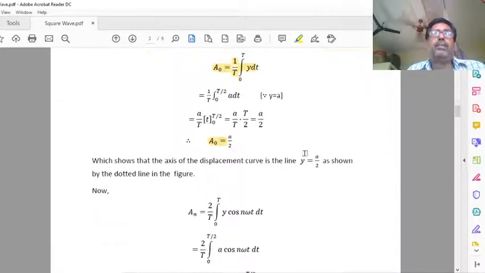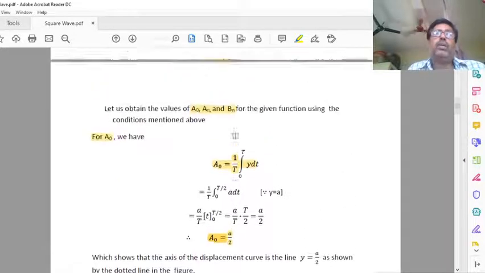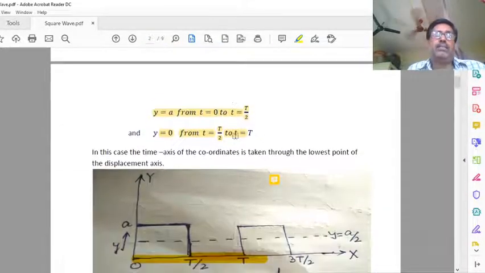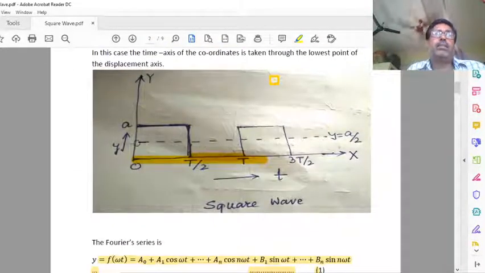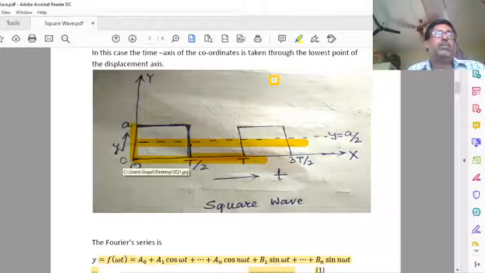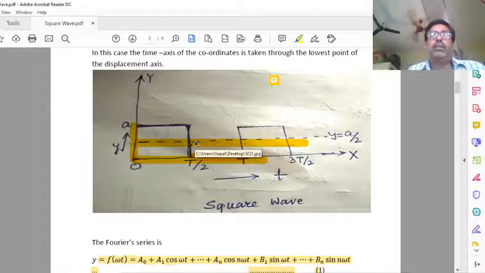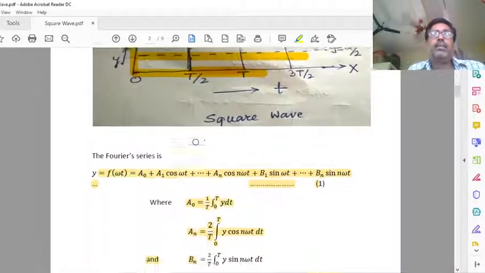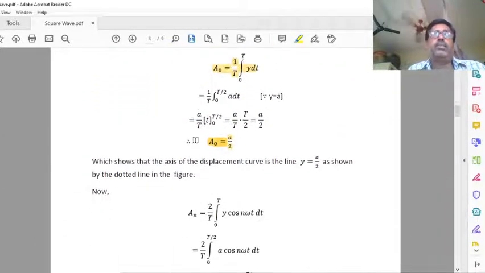Mathematically, we found the value of A0 is A by 2, so we should correct it. The correction is that the axis will be here, at half. This is A, and y is equal to A by 2, so half of A here. This line will be the axis. This is the importance of coefficient A0.